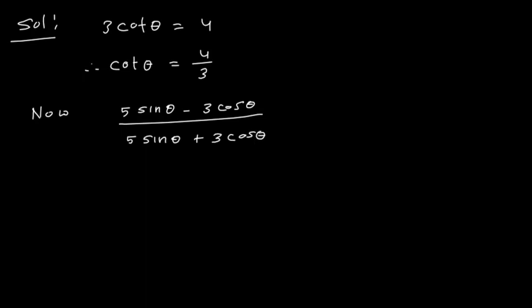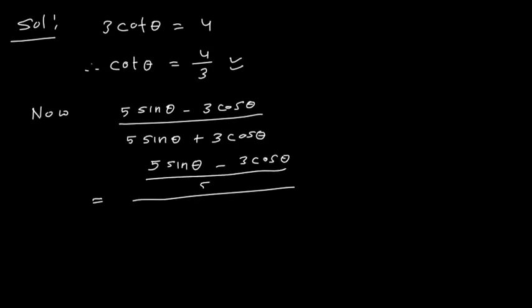So cos upon sin will become cot. They have given the value of cot theta. So I will divide numerator and denominator by sin theta. So 5 sin theta minus 3 cos theta, this whole divided by sin theta, upon 5 sin theta plus 3 cos theta whole divided by sin theta.